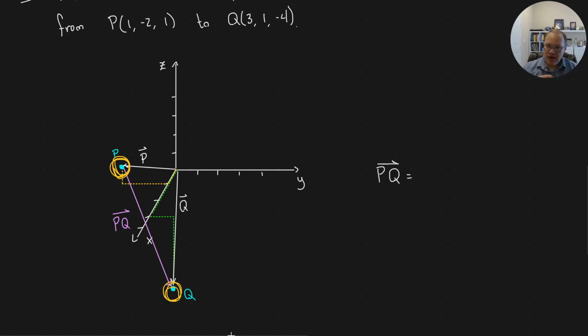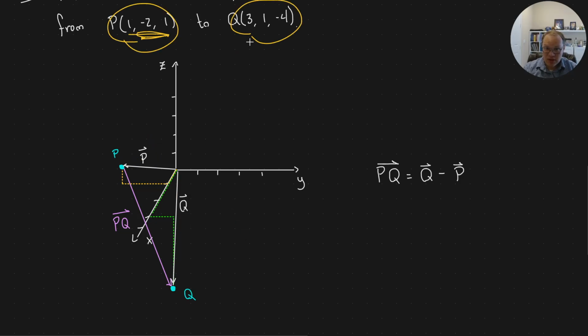If I want a vector that goes from a start to an end, I could do end minus start, vector subtraction. So I'm going to do vector Q, the vector that points to Q, minus vector P, the vector that points to P. Because both of these vectors are in standard position with their tails at the origin, vector Q and P are just the vectors with these same components as the points.